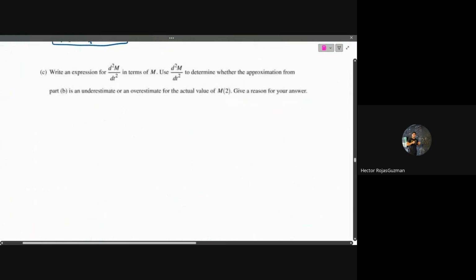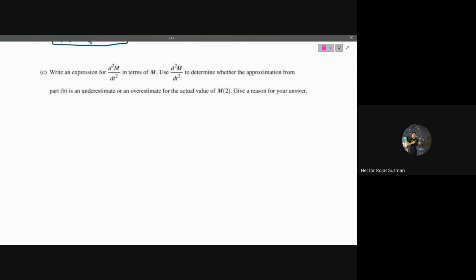Okay, C. Write an expression for the second derivative. Well, let's go ahead and start by writing the derivative. dm dt is 1 over 4, 40 minus m, where m is a differentiable function.